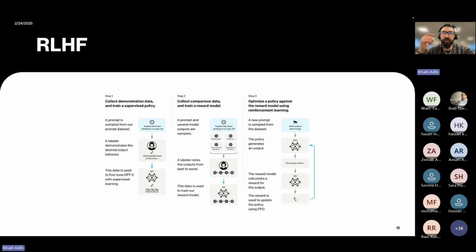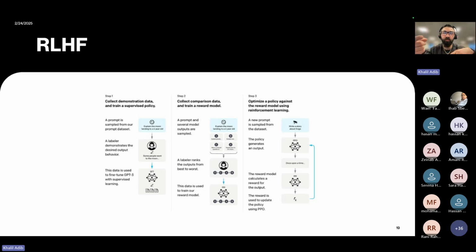In steps 2 and 3, they train a model different from the original LLM. It's called the reward model. The main objective of that model is, given two or three answers, to choose the best one. This also needs human labelers: they come up with multiple prompts, for each prompt there are multiple options, and the humans have to rate these outputs.